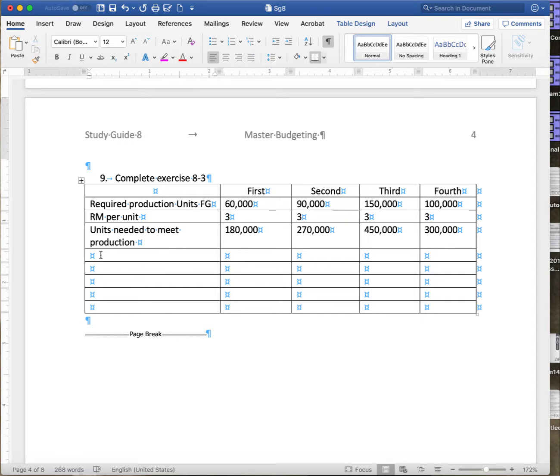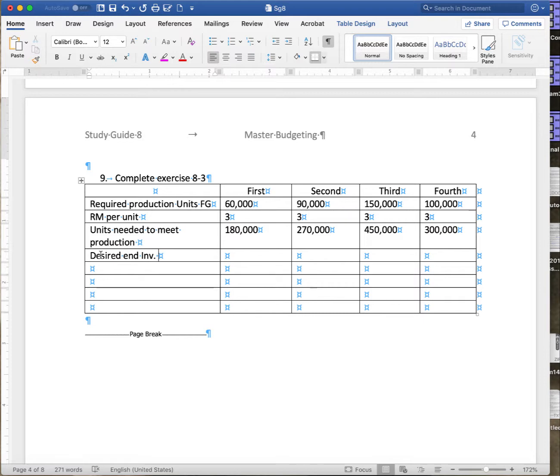To that, I need to add the desired ending inventory. I know from the problem that that's 20% of the following month's needs.